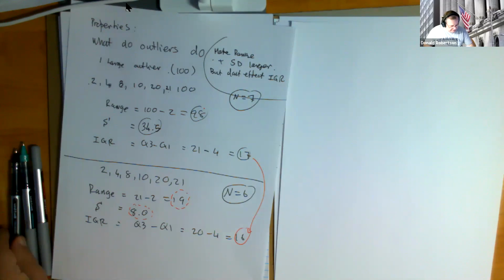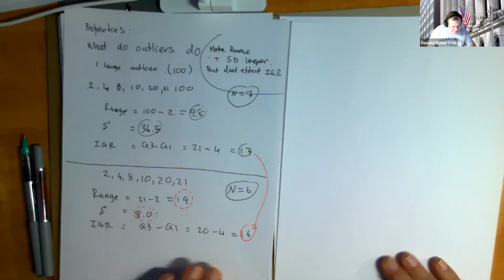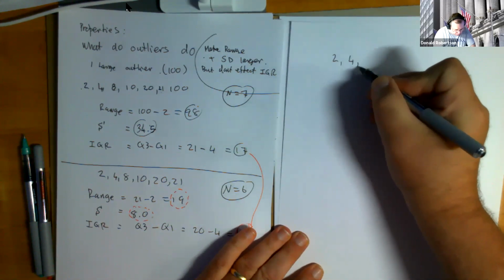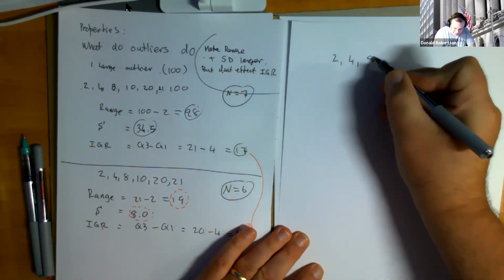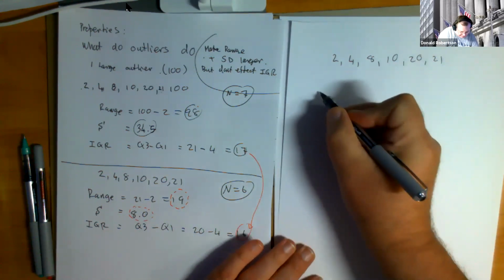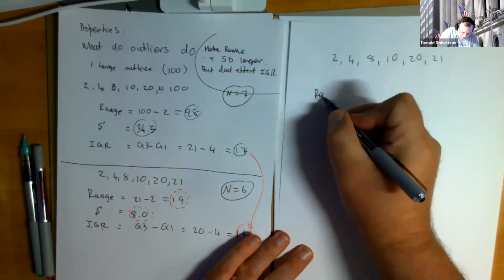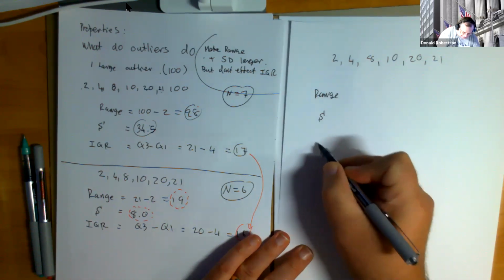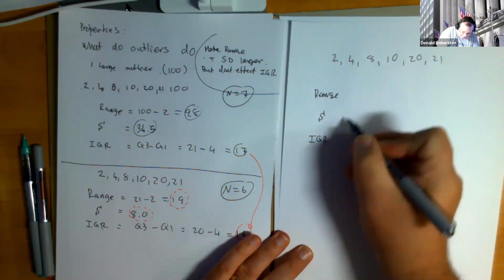Suppose I take the same data set. I'll take this one without the outlier now. I'll use that as my working data set. And we get to its range, its sample standard deviation, and its interquartile range.